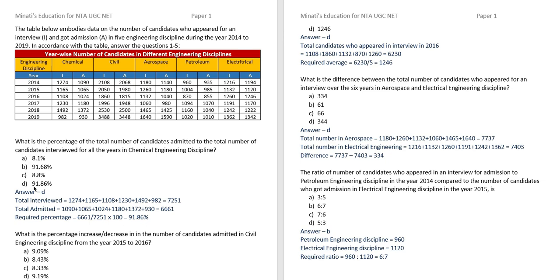See option number D, 91.86%, that will be the answer. Looks-wise it is a little bit difficult, but whenever you try to solve it, it is very easy.